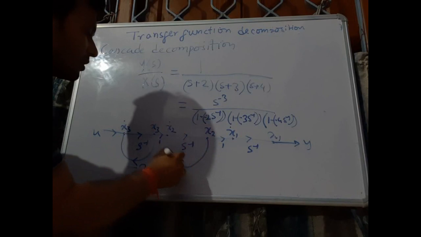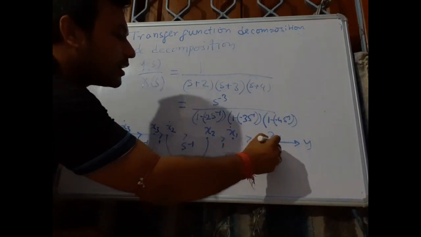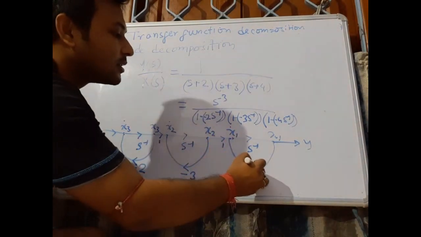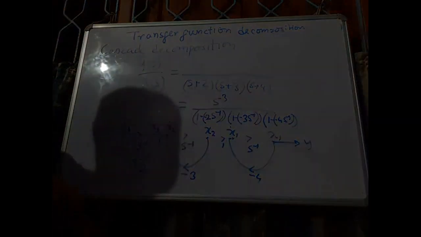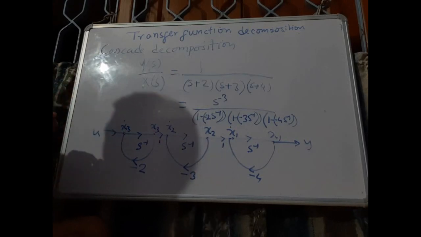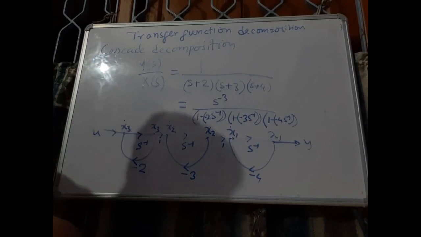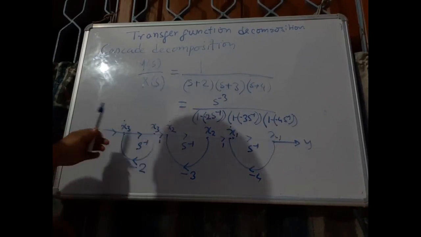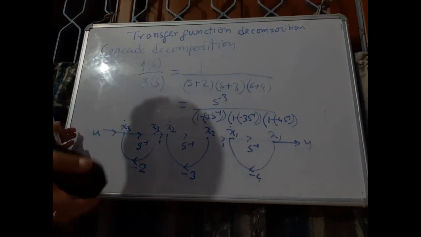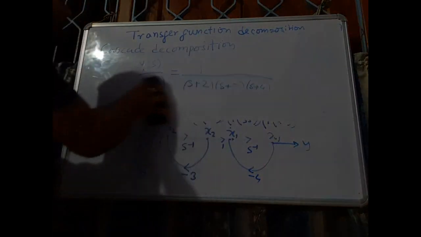So this can be written as minus 3, and this can be written as minus 4. So this is the cascading nature of the decomposition.